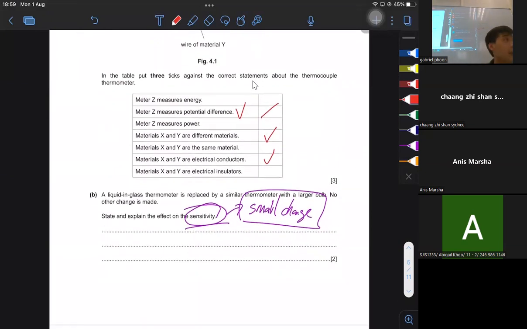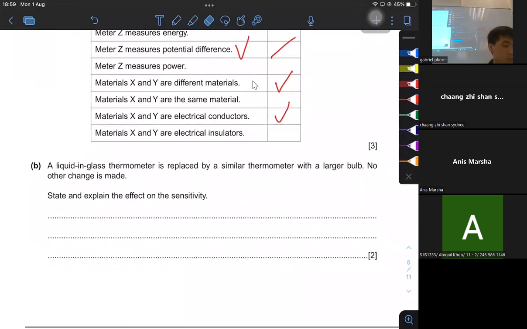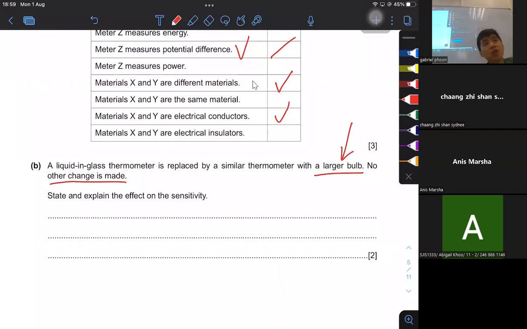Then the next part, which I see everyone struggling with, right? There is actually a very standard answer for this, guys. If you look at this question here, they say that a liquid thermometer is replaced by a similar thermometer with a larger bulb. No other changes are made. Guys, what do you think is going to happen with a larger bulb in terms of the sensitivity? It'll be more sensitive. What's the reason behind it?